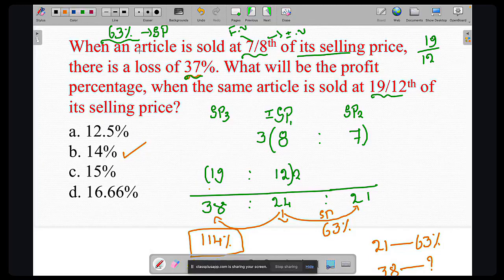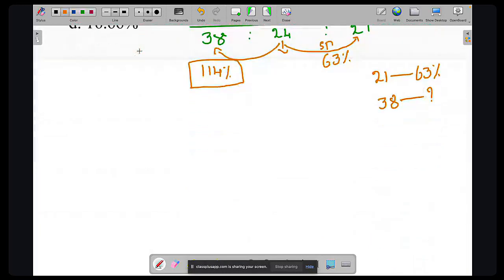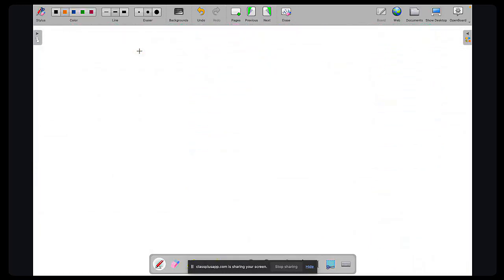It is equal to 7 parts actually. I will tell another way if you're not understanding this. Okay, another way. See now, I am selling one article at 7/8.